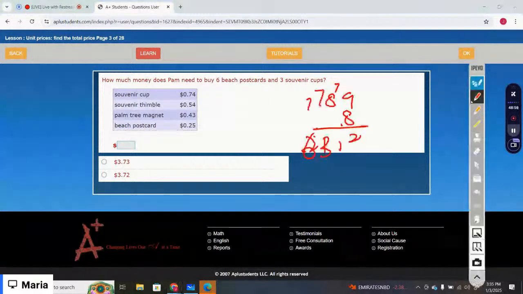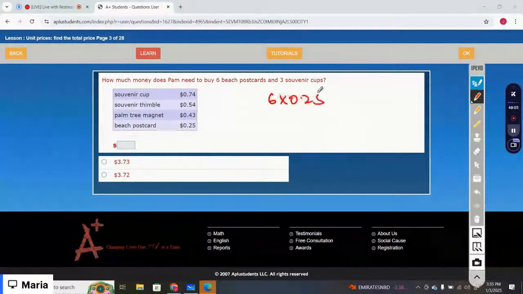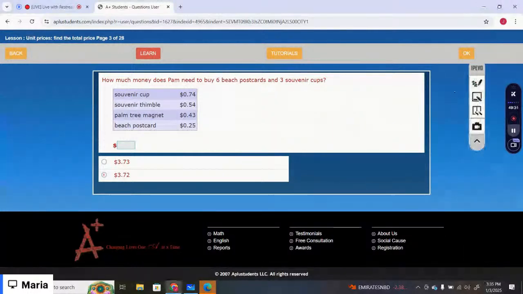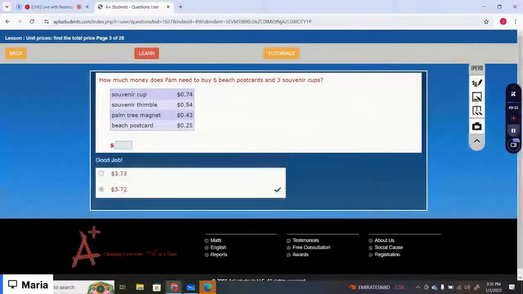So that means 6 times 0.25, and 3 souvenir cups, so that is 3 times 0.74. 6 times 0.25 is 1.5 and 3 times 0.74 is 2.22. So you need to add, that would be 3.72. Option number 2 is the correct option.